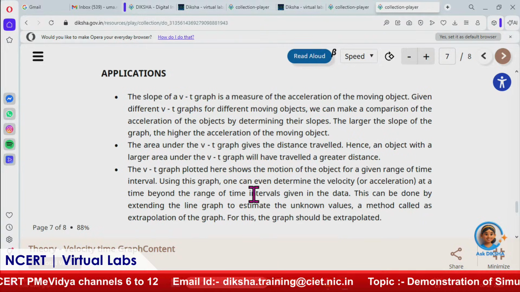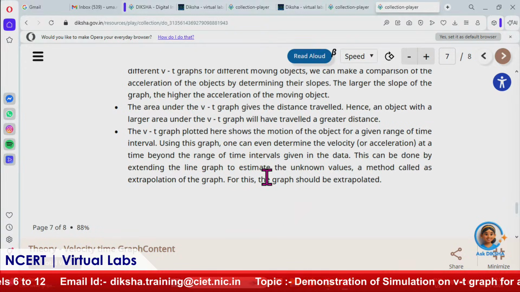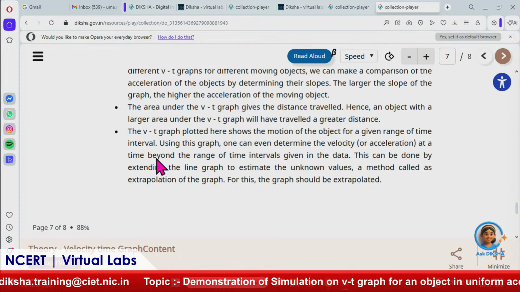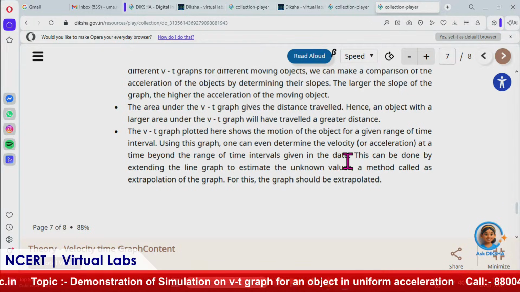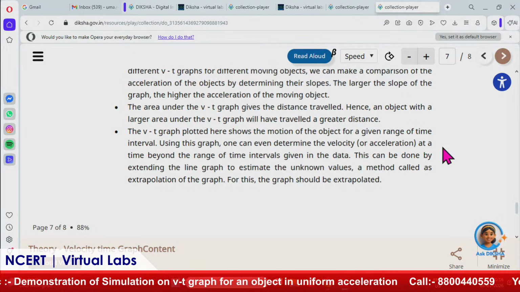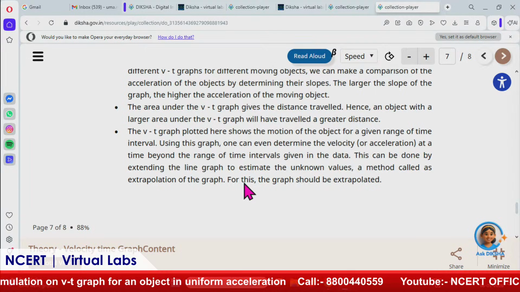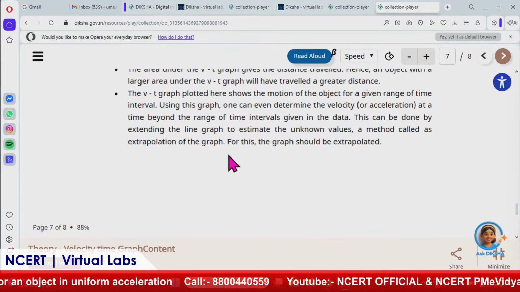One can even determine the velocity or acceleration beyond the range of time interval given in the data. That means we can extrapolate, we can predict the future motion. So this is called extrapolation of the graph, and this graph gives this kind of freedom to analyze the motion.